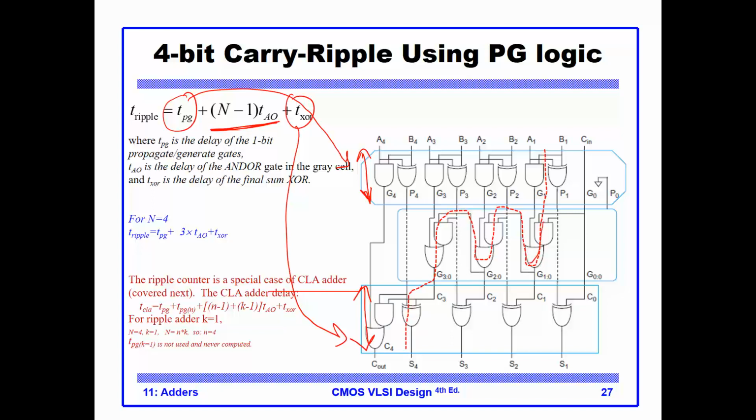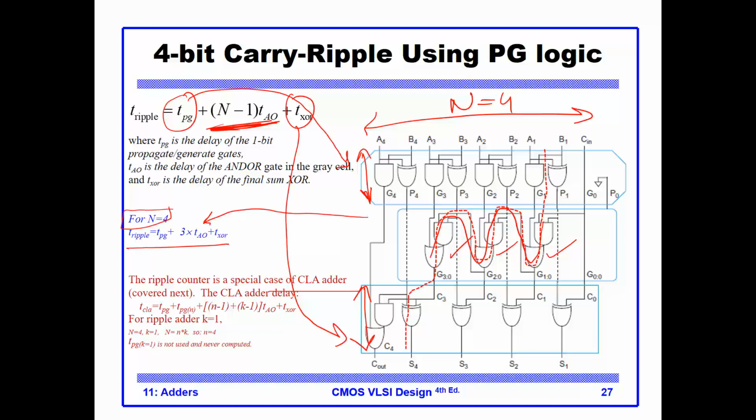I have how many of those AND-ORs? N minus 1, where n is the data width. The data width here is n equals 4. So in this case, when n equals 4, I have 3 of these, which is true: 1, 2, 3. So that's the total delay. For this particular adder, for n equals 4, this becomes the expression.